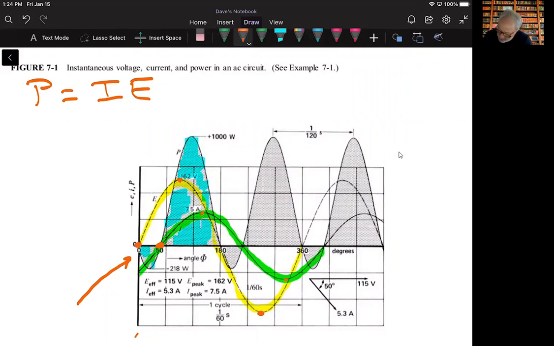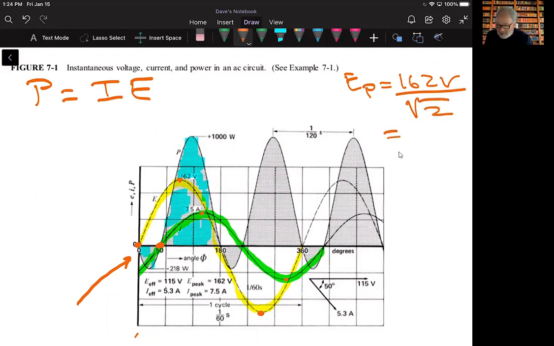If E sub P is equal to 162 volts, the RMS value, or as we also call it the effective value, is that value divided by the square root of 2.